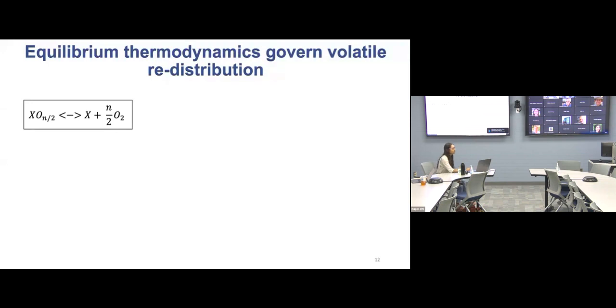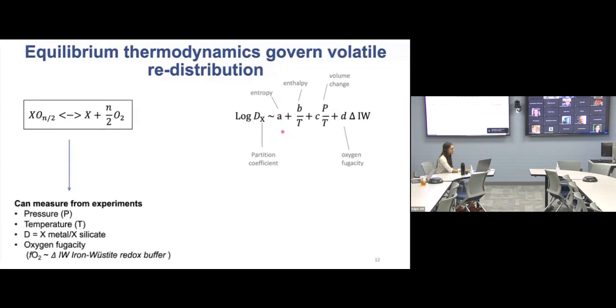And so equilibrium thermodynamics allow us to parametrize these reactions, and I'm showing here a very simplified parametrization for a metal-silicate partition reaction in terms of variables, some of which we can measure, like the pressure, the temperature, and the composition, and some of which we cannot measure, such as the entropy and the volume change.